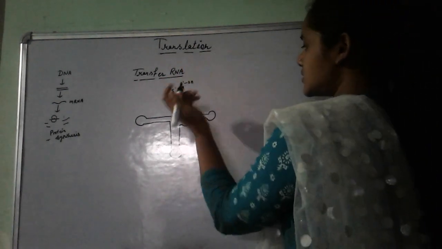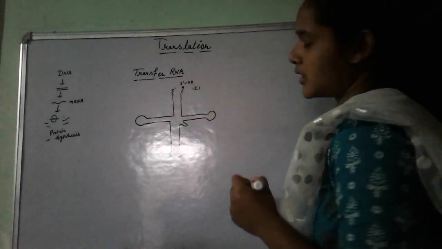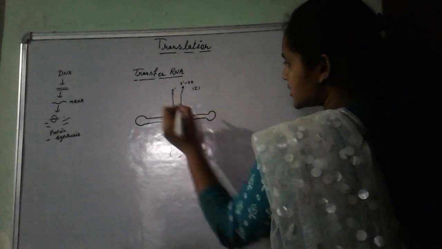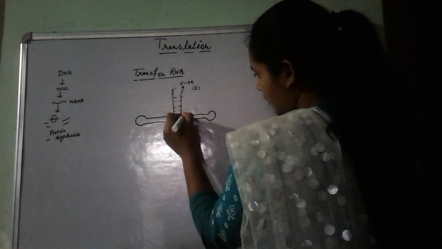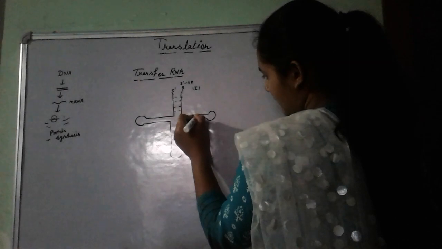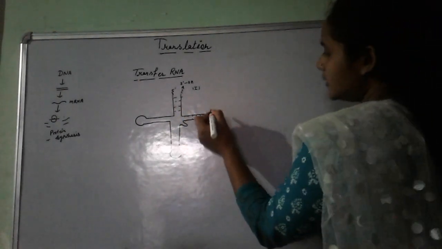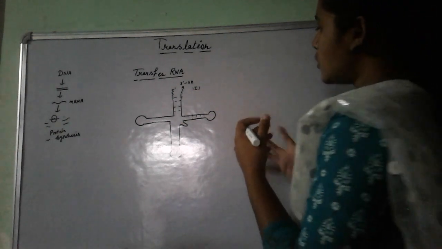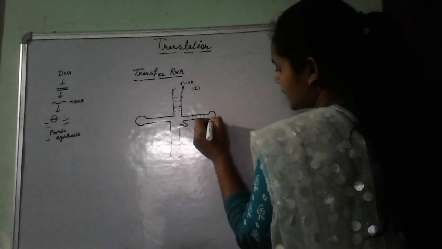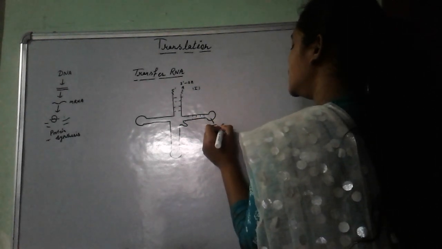So this is the first stem of transfer RNA, and this is the second stem of transfer RNA. Here the hydrogen bonding will form. Here is the loop form, because here the hydrogen bonding between the molecules is not formed. So this loop is known as the T psi C loop.